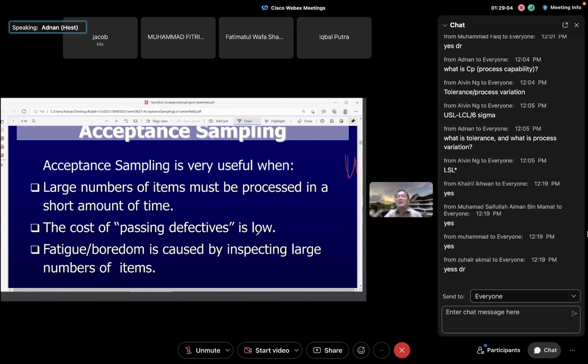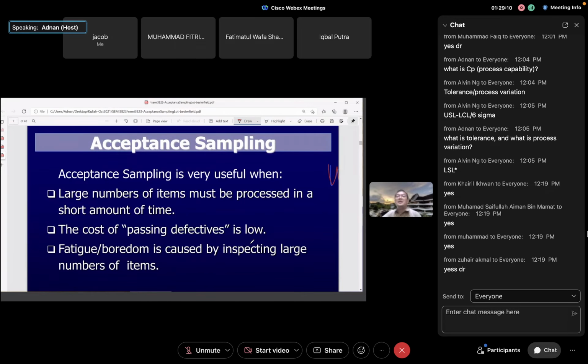Sometimes they give 1 year, 2 years. Even now, some products give 5 years. For example, for a refrigerator, the motor is guaranteed for 5 years. It means they are very confident the product is good.